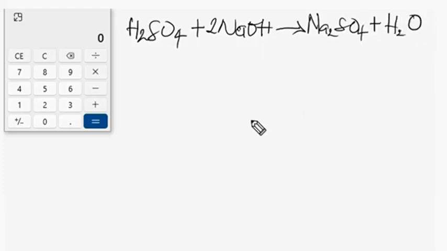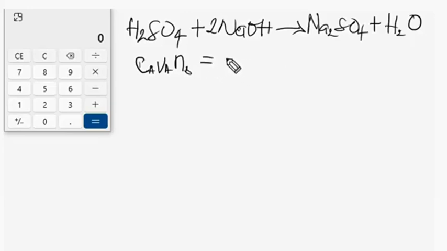So guys, again, we need to always put this equation at the back of our mind whenever we are doing anything on titration or any calculation that has to do with titration.